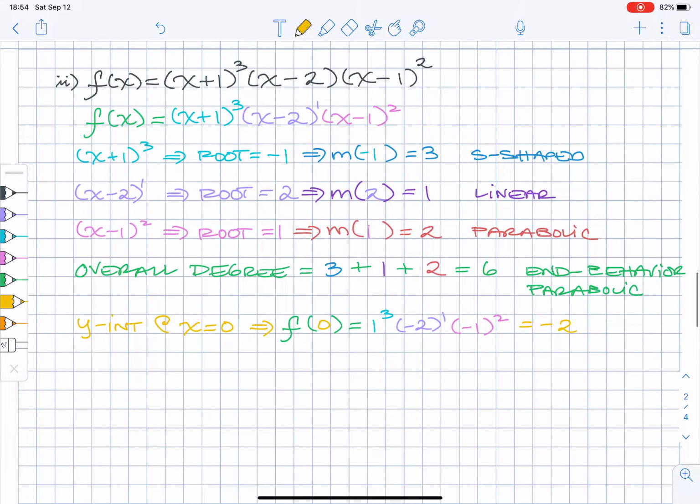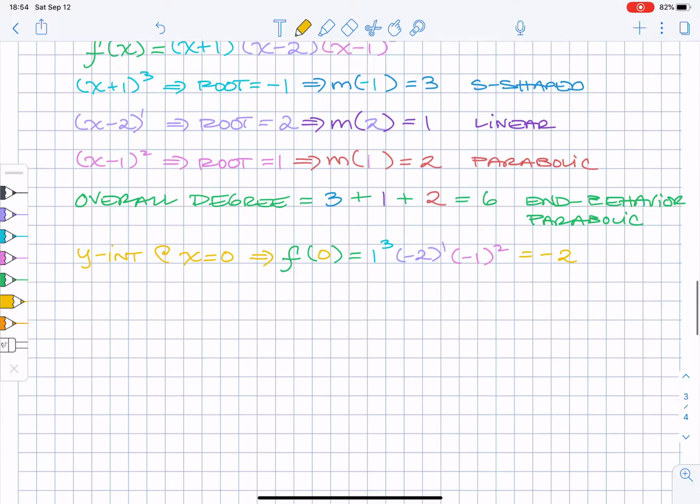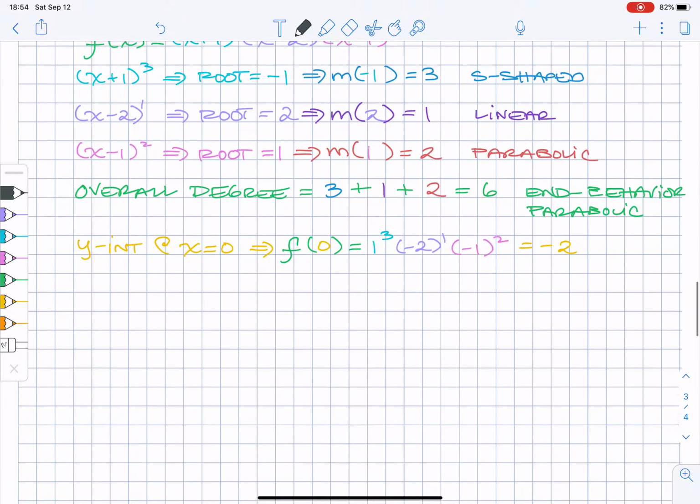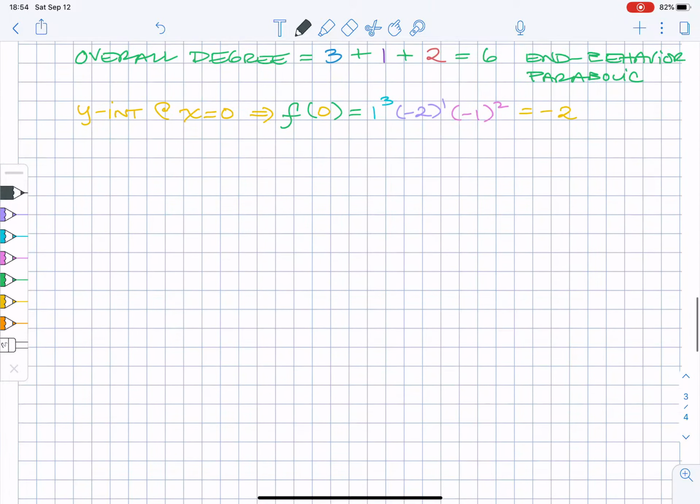And the x-intercepts, of course, are all the roots. So we can go ahead and plot this. Our roots are plus or minus 1 and 2. This doesn't have to be that big of a graph. Why is this not autocorrecting? Okay, there we go. Let's say we have something like so. I'm going to double up the tick marks.